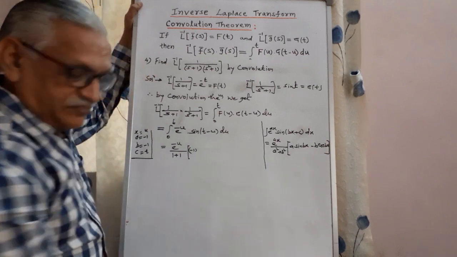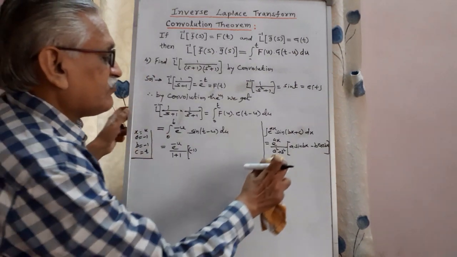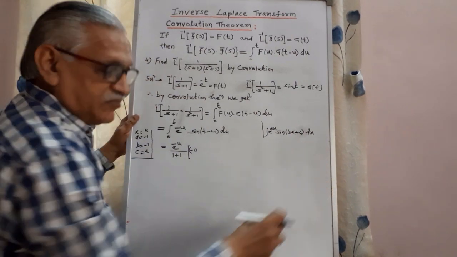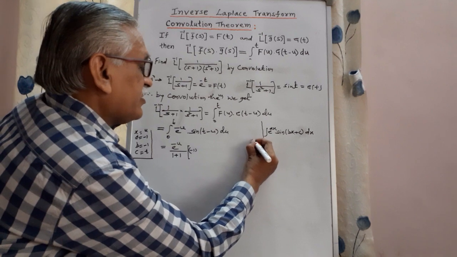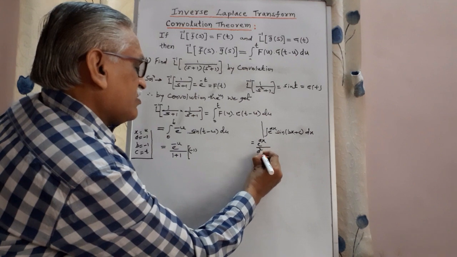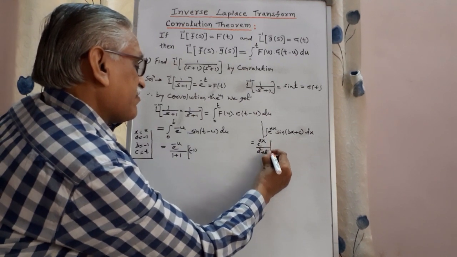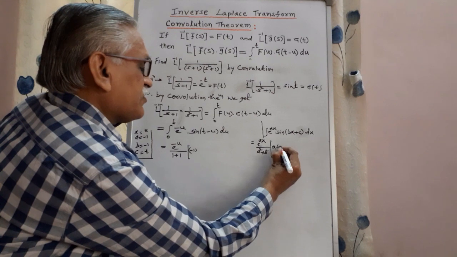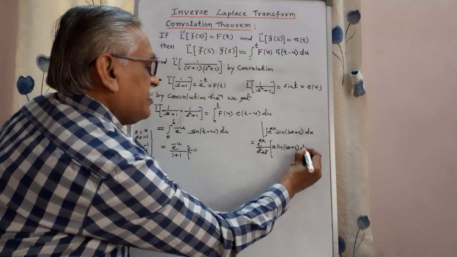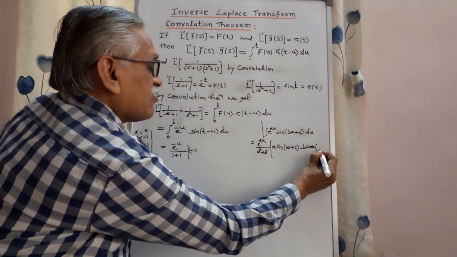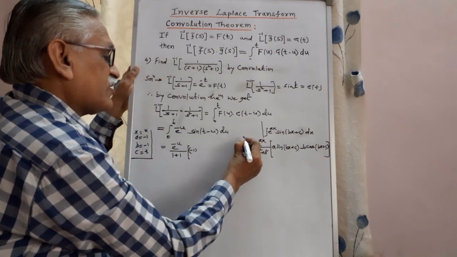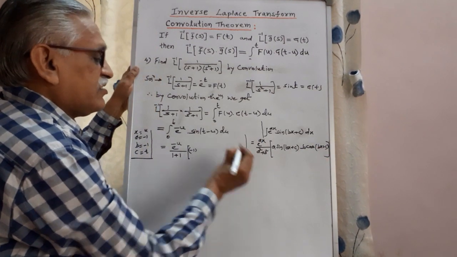Here I can rewrite it. It is e raised to ax upon a square plus b square, a sine of bx plus c minus b cos of bx plus c. This is that result.